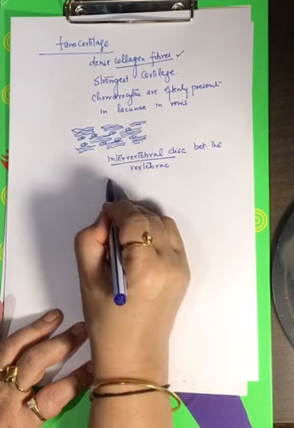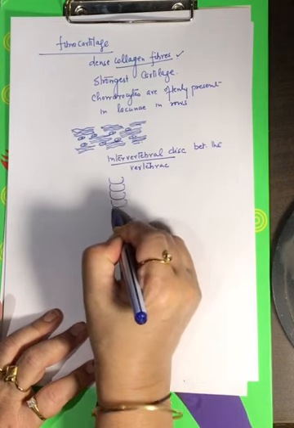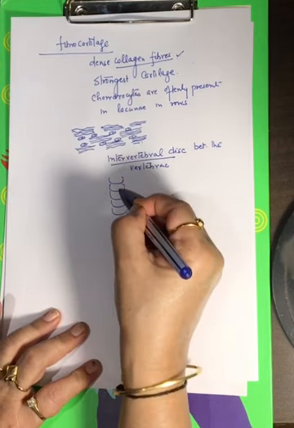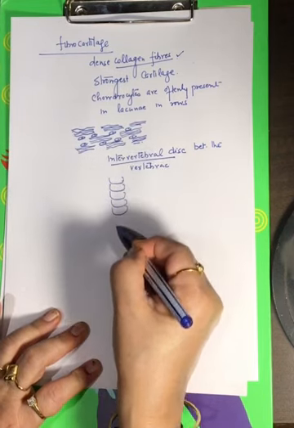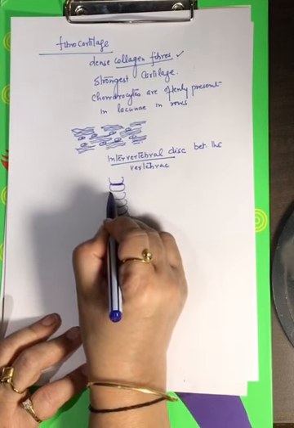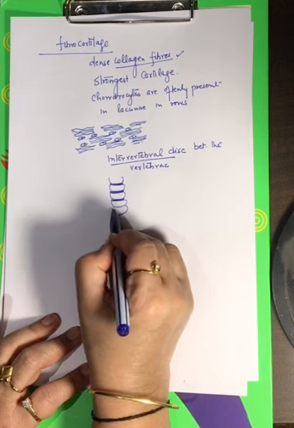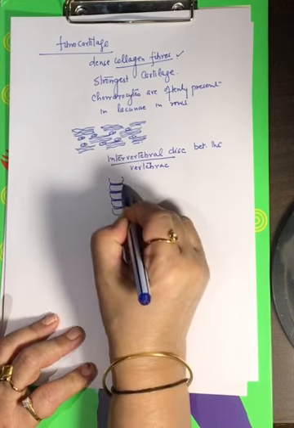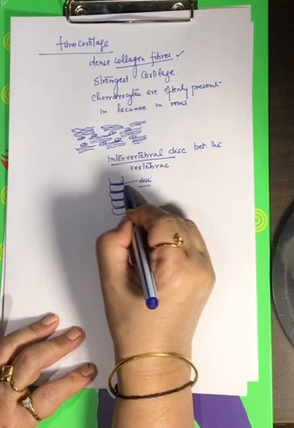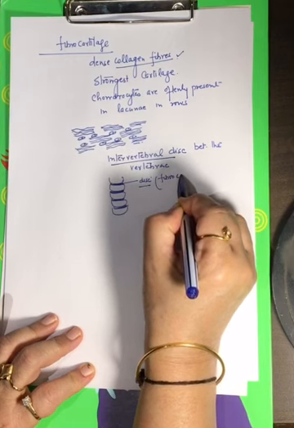Your vertebral column is made up of many vertebra. This is your vertebral column that is made up of many short bones which are called vertebra. And in between the vertebra, we have a disc. This is called as intervertebral disc. So, this is my disc. And this disc is made up of the fibrocartilage.